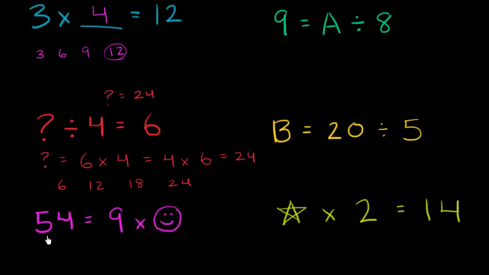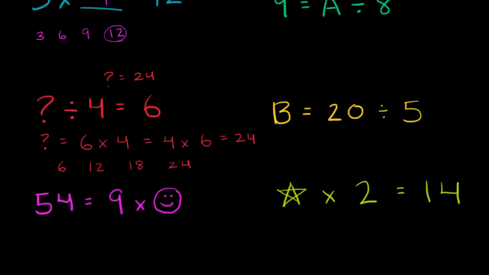Now here I have 54 is equal to 9 times smiley face. So 9 times what is equal to 54? Well, let's just skip count with 9 and try to figure that out. 9 times 1 is 9. 9 times 2 is 18. 9 times 3 is 27. Notice I'm just adding 9 each time. 9 times 4 is 36. 9 times 5 is 45. 9 times 6 is 54.